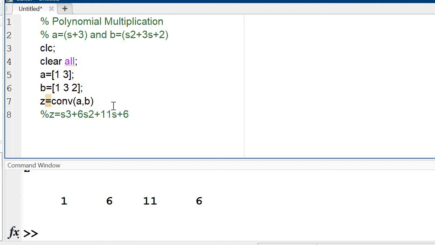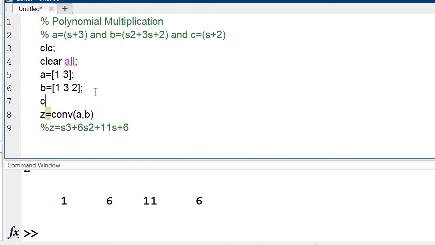Now after that, if I have three polynomial functions, how to multiply these three? Let s plus 2, I am taking. It means c is equal to 1 space 2 bracket close semicolon.